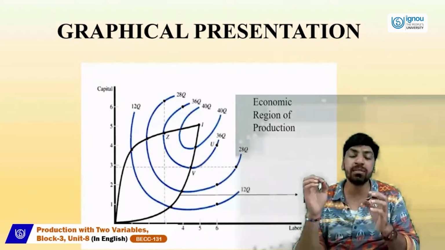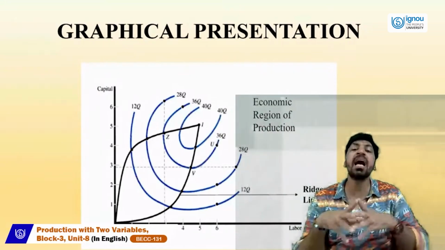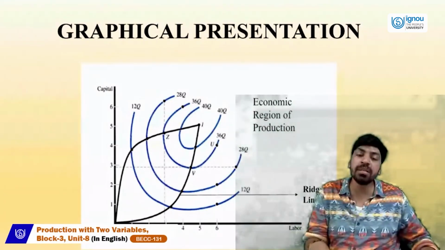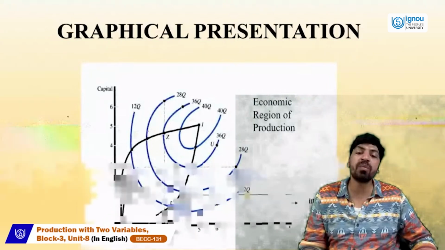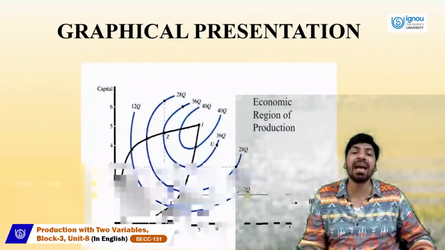Ridge lines are those lines which show, in the isoquant curves, the portion of isoquants having the combination of two inputs, labor and capital.